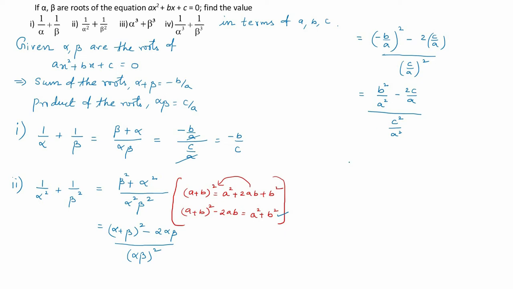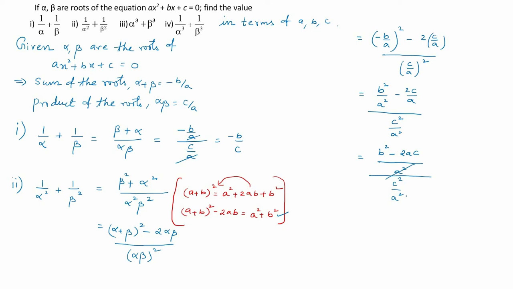First of all, we'll take out the LCM of the numerator. We have a² here and a here. So a² is the bigger term, so a² will be the LCM. a² into 1 is a². 1 into the numerator, that is 1 into b². a into a will be a², so that a we need to multiply with the numerator. a into 2c will be 2ac, whole divided by the denominator c²/a².